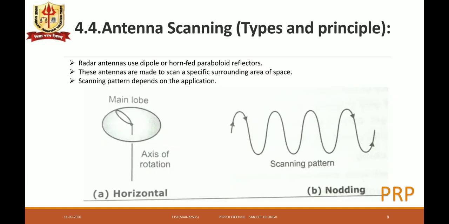Next part is antenna scanning types and principle. Radar antennas use either dipole or horn-fed paraboloid reflectors.